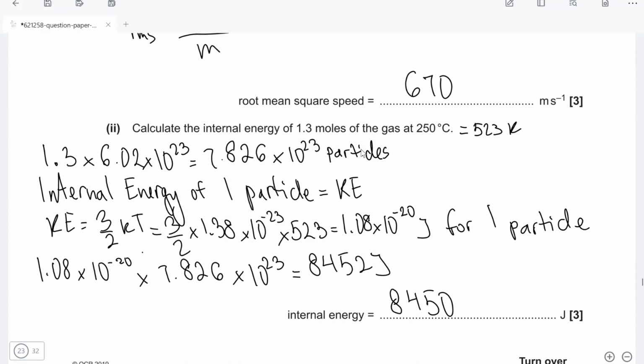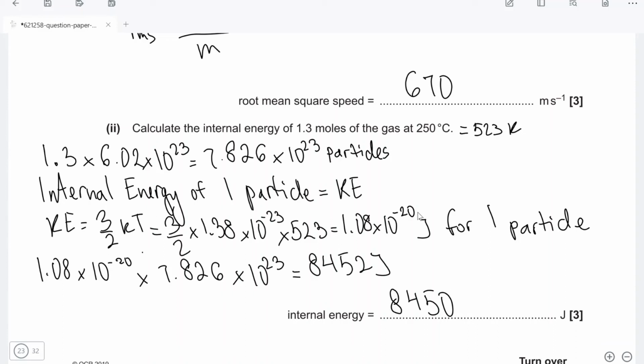We know the kinetic energy at a given temperature, for instance, at 250 degrees. We could use the kinetic energy is equal to 3/2 kT to figure out the energy for one particle. Doing that, we find that 3/2 times 1.38 times 10 to the power minus 23 times the temperature in Kelvin will give us 1.08 times 10 to the power minus 20 joules for one particle.